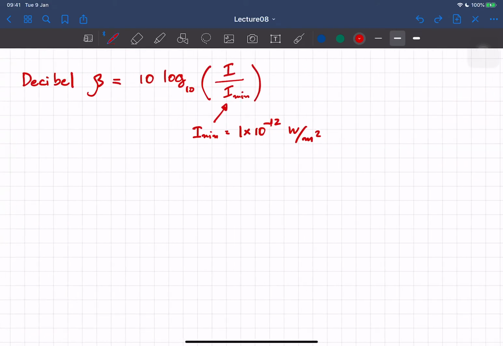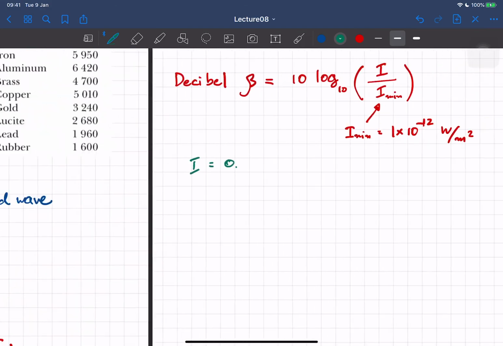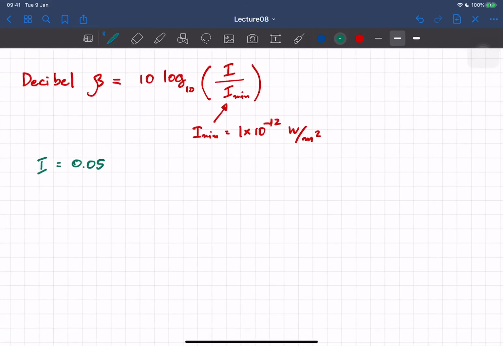So let's take I equal to, roughly speaking, 0.0477, but I'm going to write it as 0.05 watts per meter square, just for demonstration. This is the sound intensity, and let's say we want to convert this intensity to decibels.